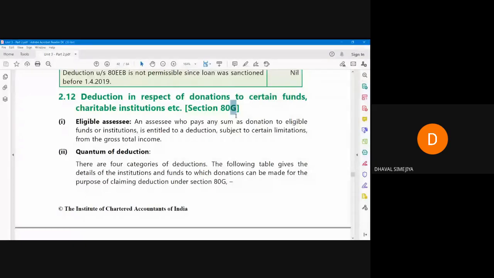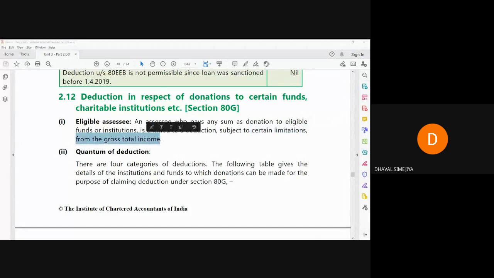So deduction in respect of donations to certain funds, charitable institutions, etc. An assessee who pays any sum as donation to eligible funds or institutions is entitled to a deduction subject to certain limitations from gross total income.